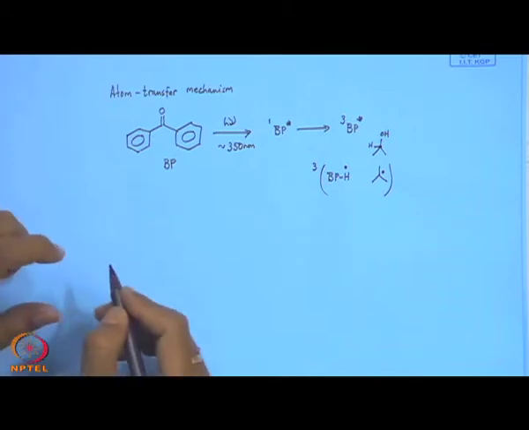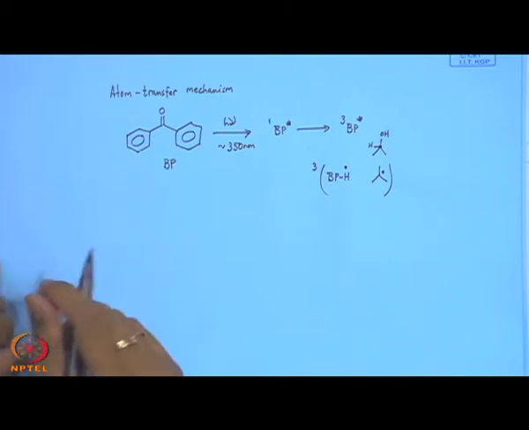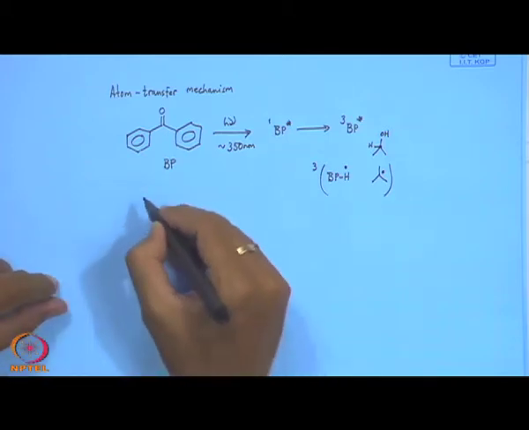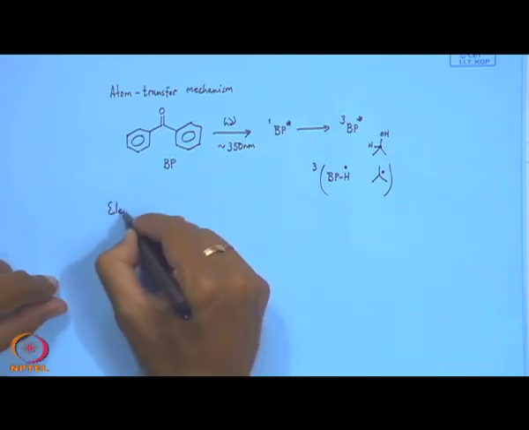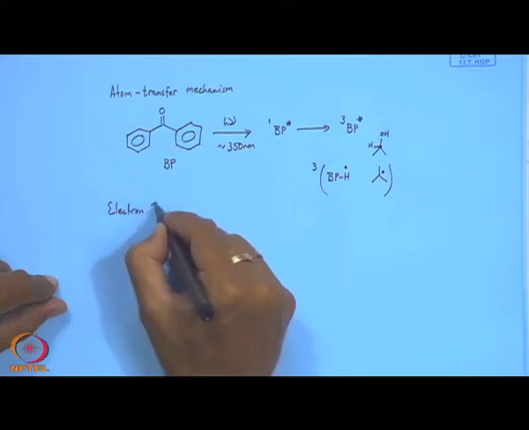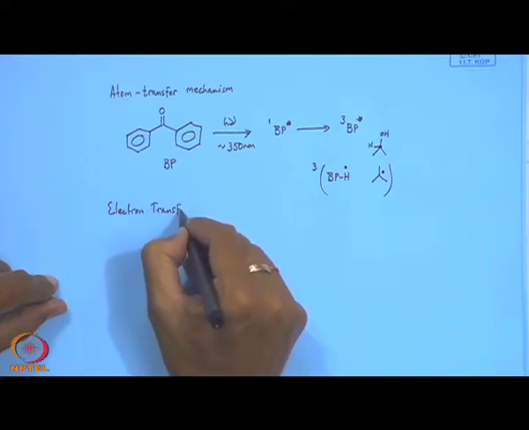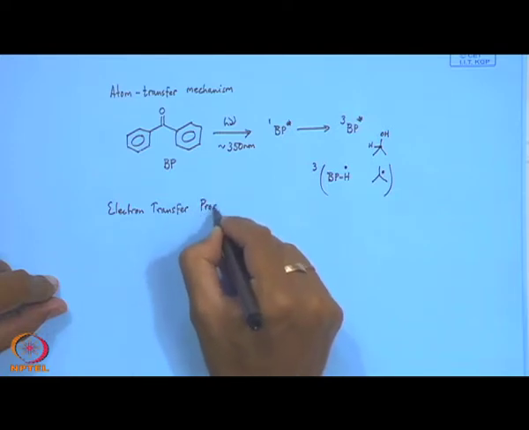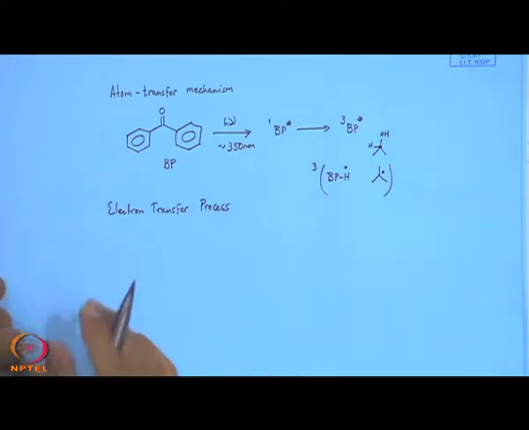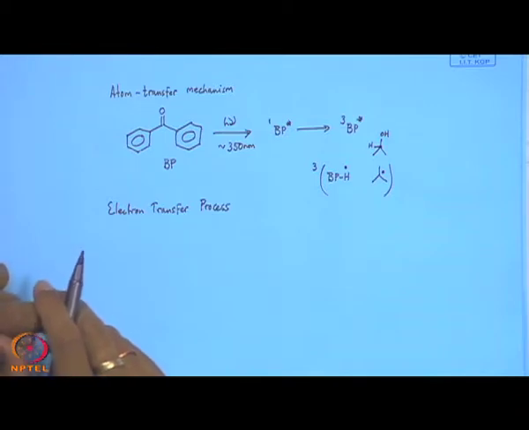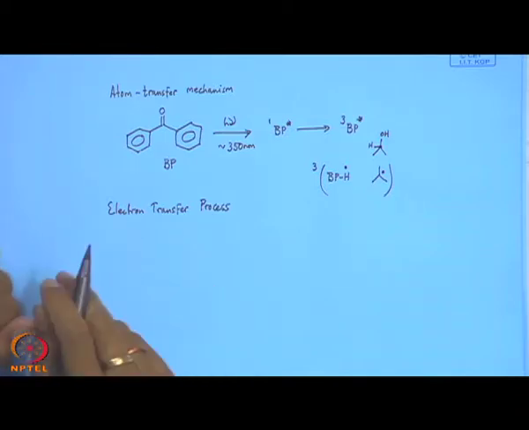Another, the most celebrated or well studied mechanism, is this electron transfer process. Now, suppose you think of an electron transfer process happening in solution chemistry, like say some oxidant oxidizing some other species.